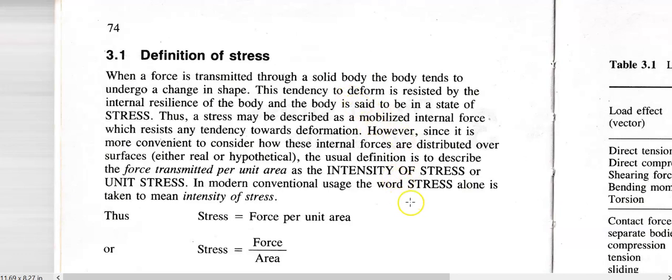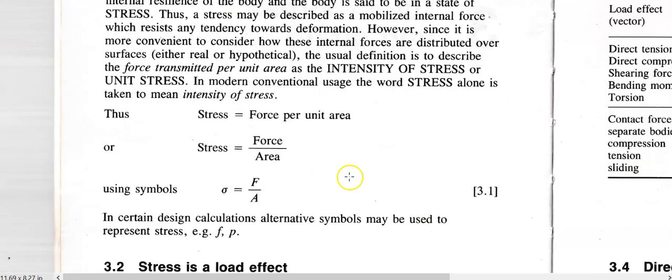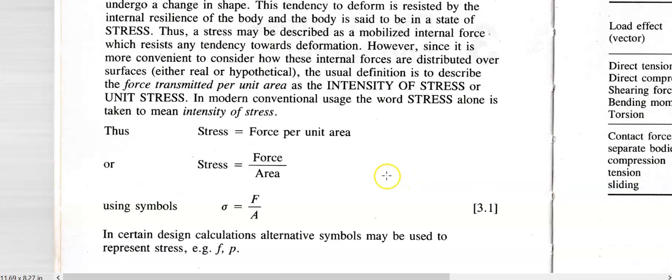So when you're squeezing a column or stretching a column or any member, and you know the force that's being applied to the ends of the member, and you divide it by the area, then when you do that calculation, it's called a stress.